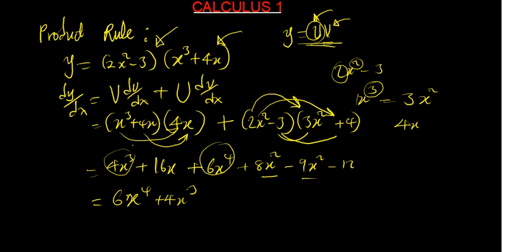So we've got 8x squared minus 9x squared, we are going to get negative x squared. And then from that one we go to this one which has got only x, so that will be plus 16x. And then now we write the constant, which is negative 12. So that will be it for that one. We would have differentiated it like that.